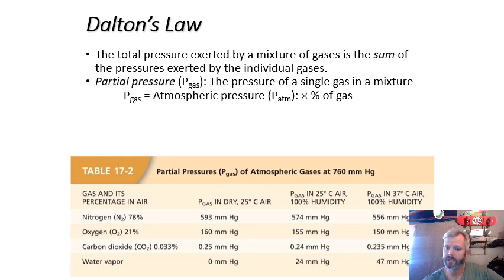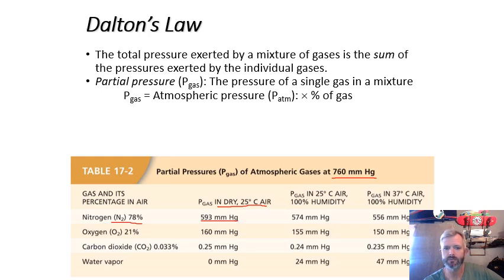Here it's showing the partial pressures of gases. If we were at sea level and the air was dry, okay, and we're at about room temperature, 25 degrees, we can see the bulk of the air is made up of nitrogen. 78% times 760 would get you that partial pressure of nitrogen of 593.